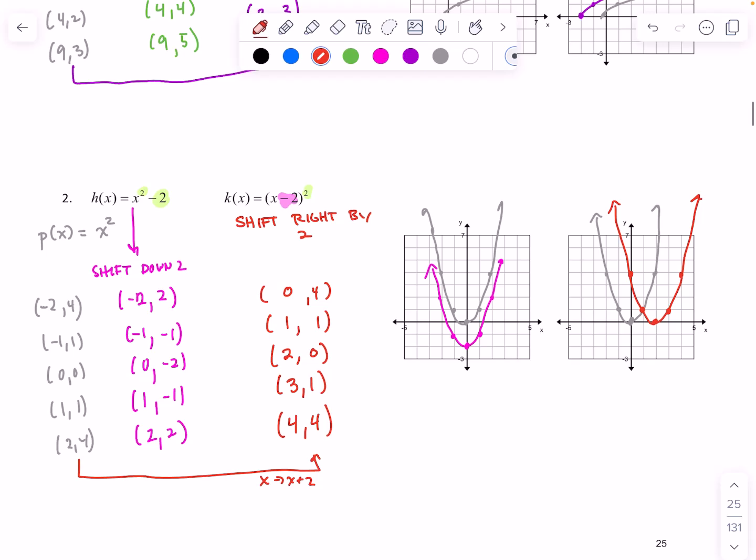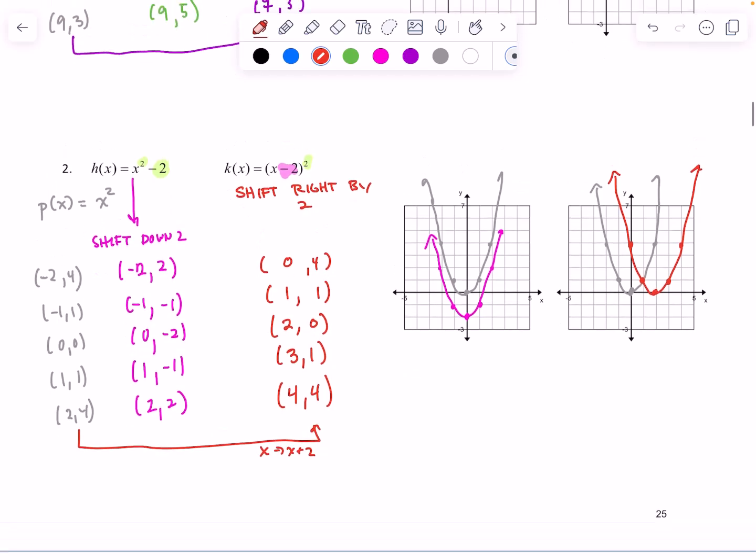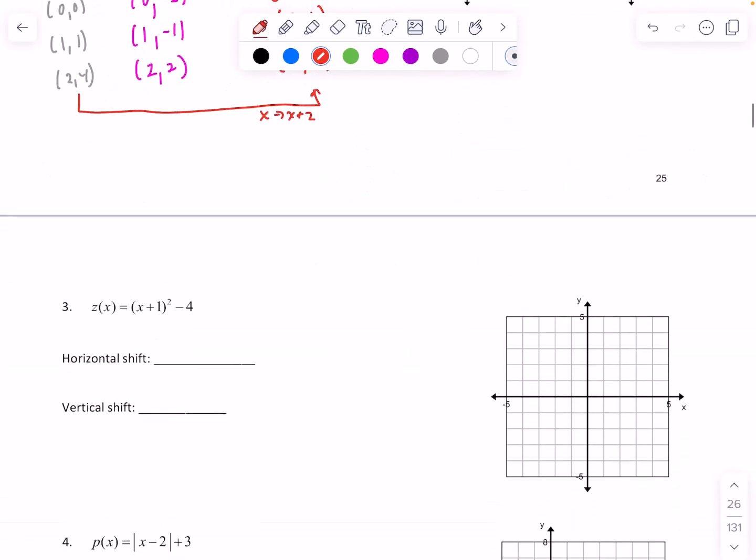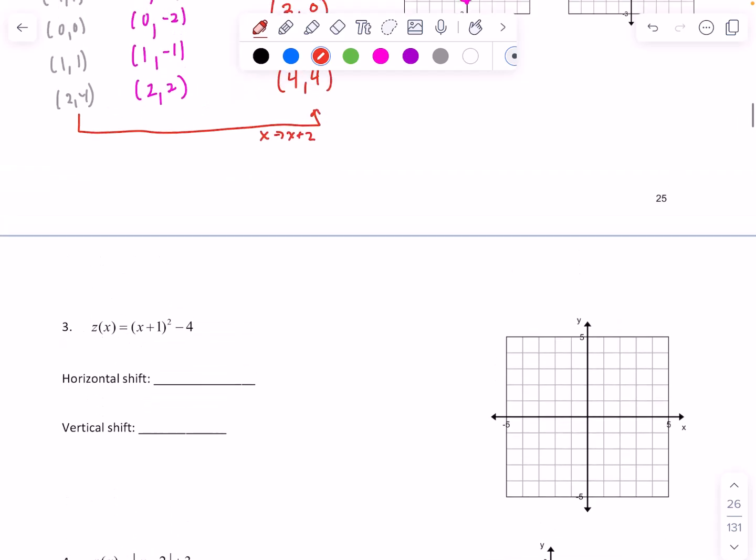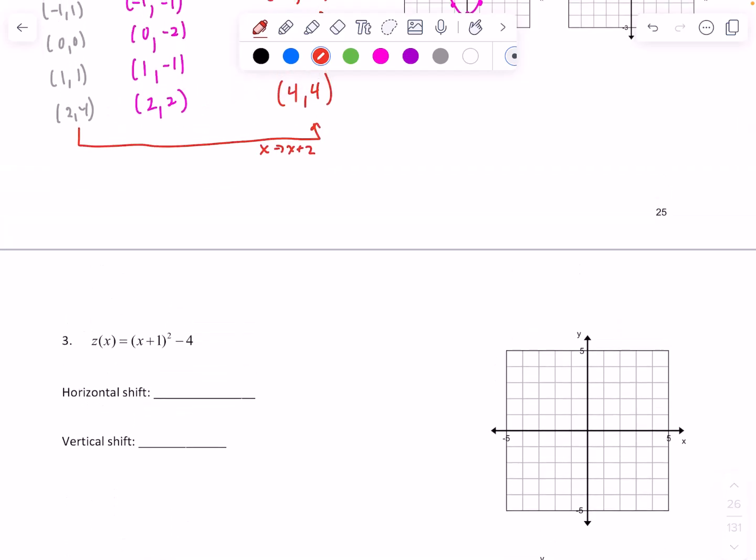Okay, now there isn't any reason that we can't do more than one of these at a time. So let's look at an example now where we combine a horizontal shift and a vertical shift. Here, if we look at this function z of x equals (x plus 1) squared minus 4, we can see our horizontal shift, that's the right or left shift, that occurs right here.